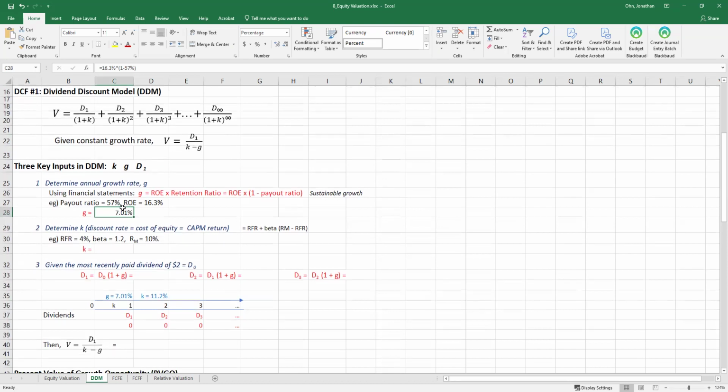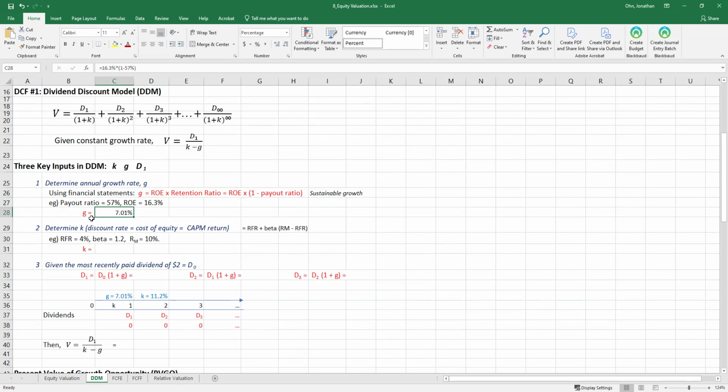If you calculate this growth rate for some companies, it could be like 15%, sometimes 11%, 10%, 15%, or 20-some%. If the growth rate is that high, we cannot use this growth rate.